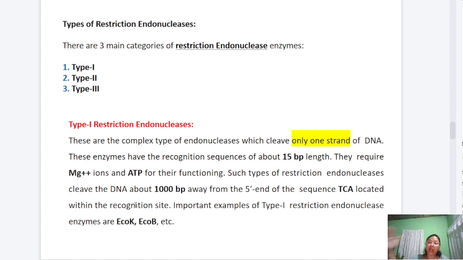The cut is going to happen 1,000 base pairs away. Clear? So type 1 will cut 1,000 base pairs away from the recognition site. Some important examples of type 1 restriction endonuclease are ECO-K and ECO-B. Okay? I hope it is clear.